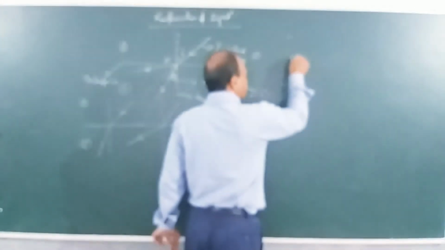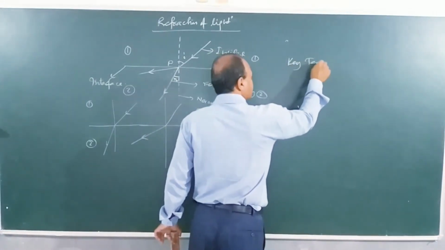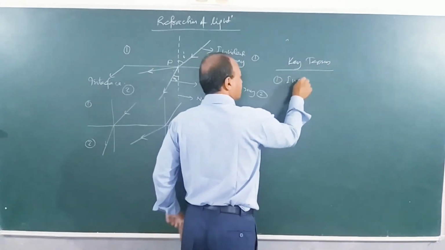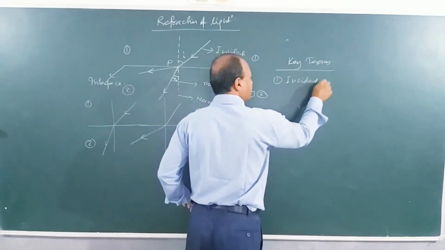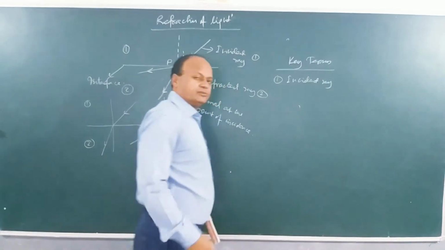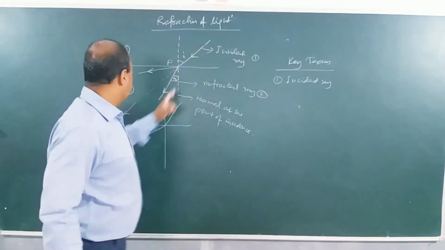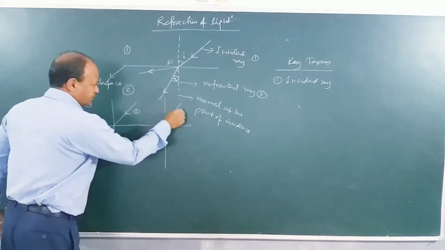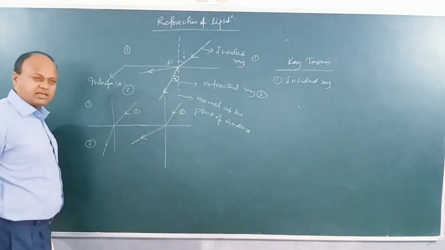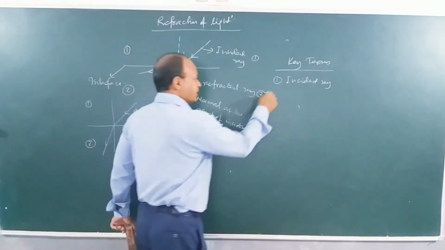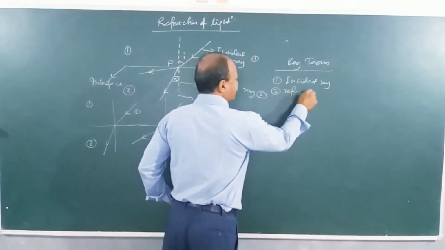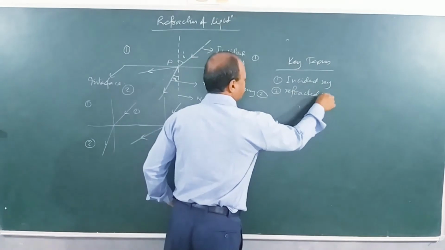In refraction, key terms. First one is incident ray. Ray 1 in medium 1 is incident ray. Number 2, refracted ray.